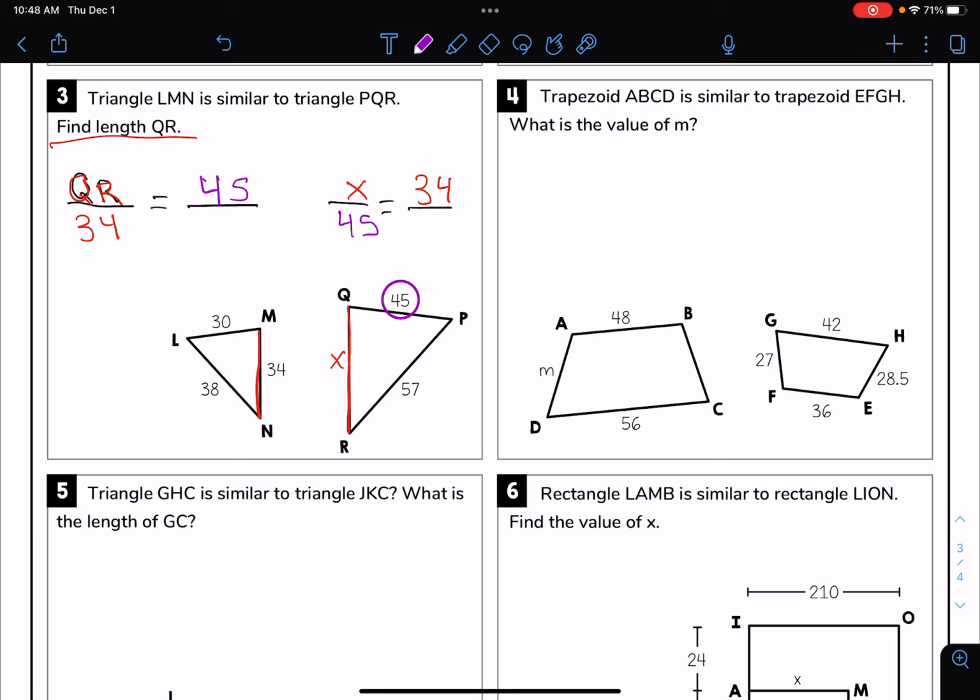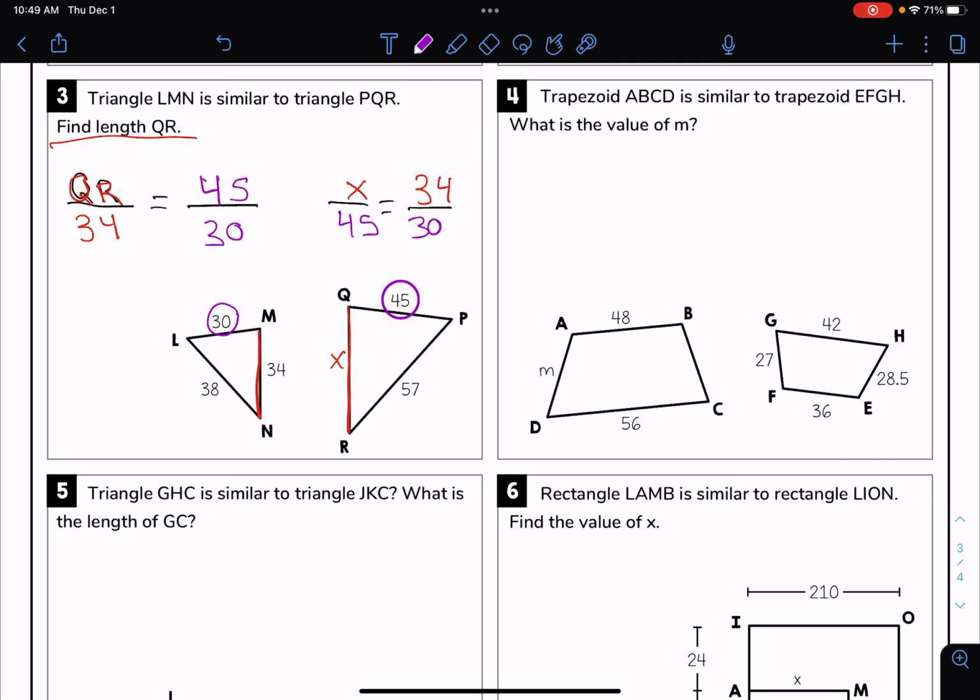So that would be the other straight side, which would be ML, and that's 30. So then I'm going to put 30 either next to or under 45, and then I can go ahead and solve my proportion. And remember, when we're solving proportions, so for level 1, you're simply just setting up proportions.